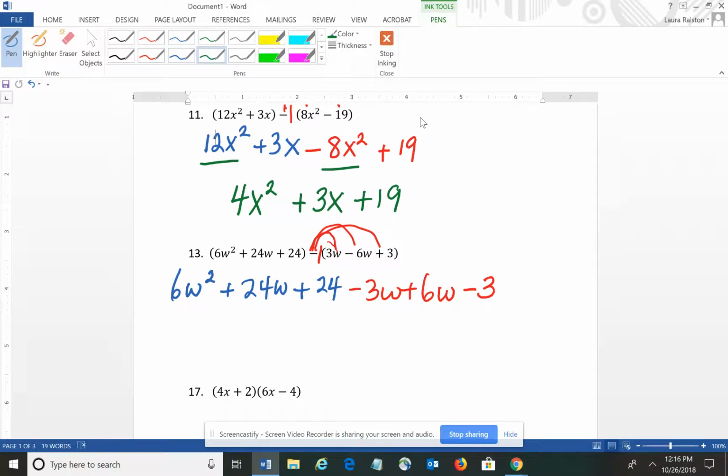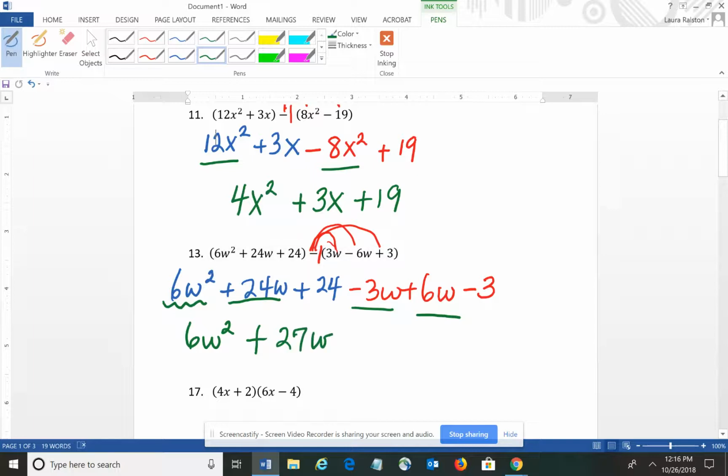You want to always start with the highest exponent and then work your way down. For 6w², I don't have anything to combine with it, so I'll just write it down, 6w². I have 24w − 3w + 6w. So I'm going to combine those together. 24 minus 3 is 21, plus 6 is 27, so plus 27w.